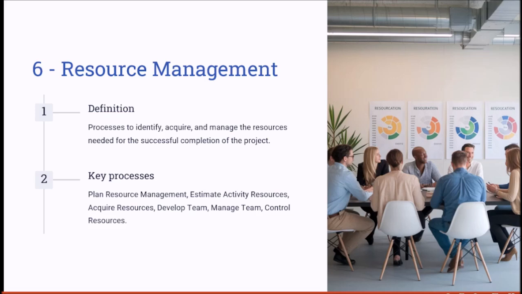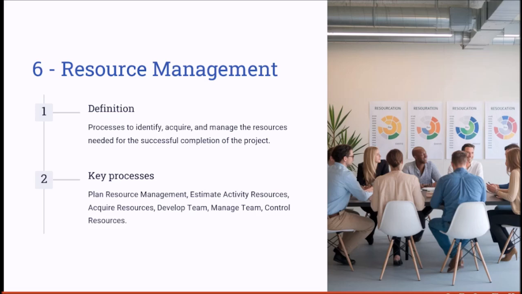The sixth knowledge area here is project resource management, and that identifies, acquires, and manages the resources needed for completing the project successfully. The key processes involved in project resource management include plan resource management, which defines how to estimate, acquire, manage, and utilize the physical and team resources.